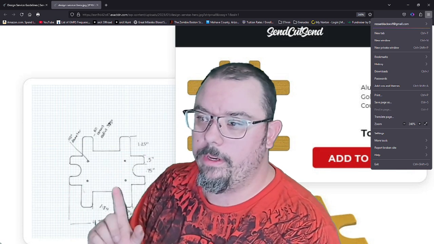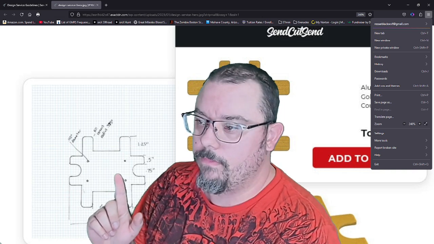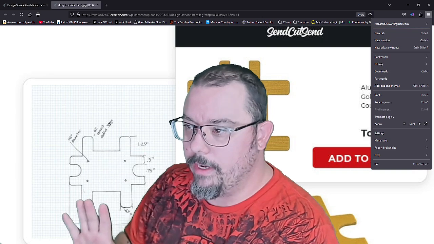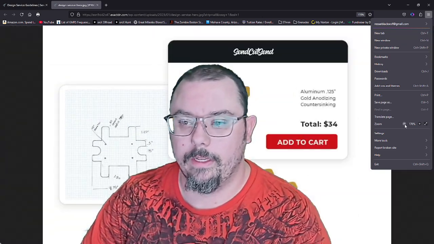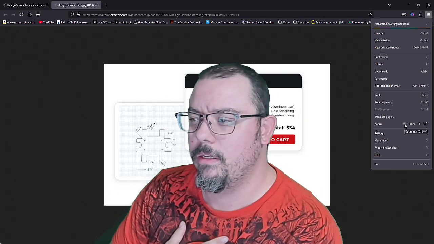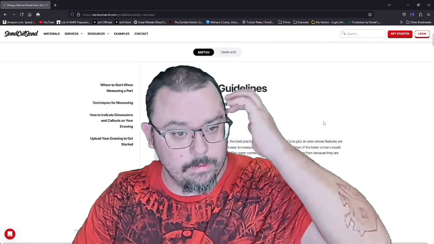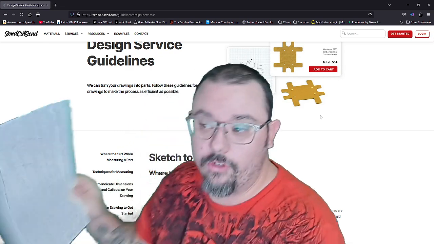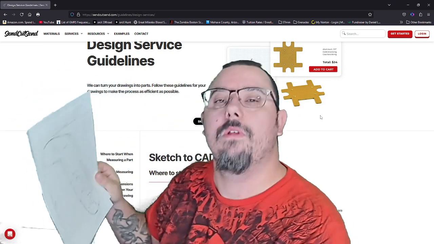So you can get away with pretty much no calculations on this, but I can't get away with the calculations I have on mine. And then they're telling me that I can pay them $70 to redraw this on their end so that they know what the measurements are.